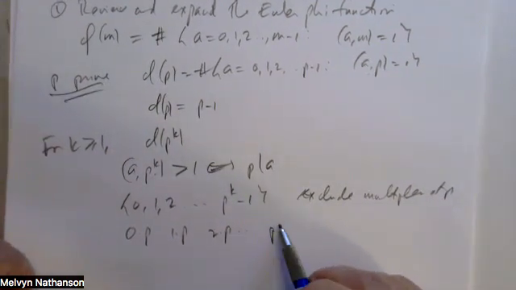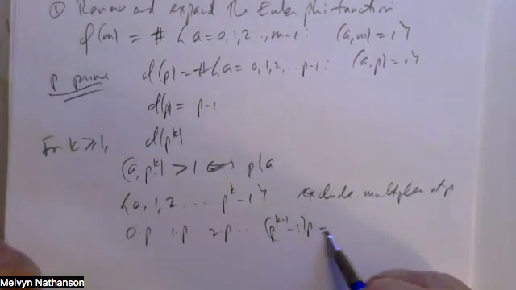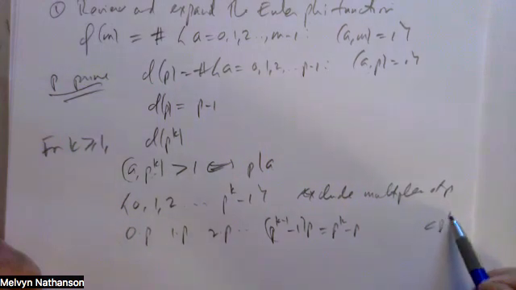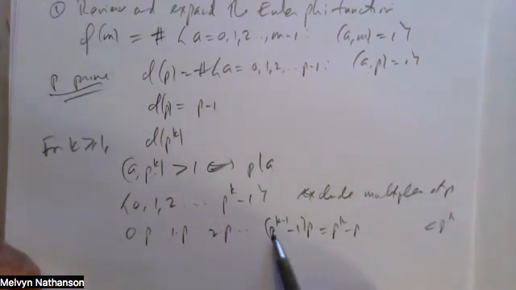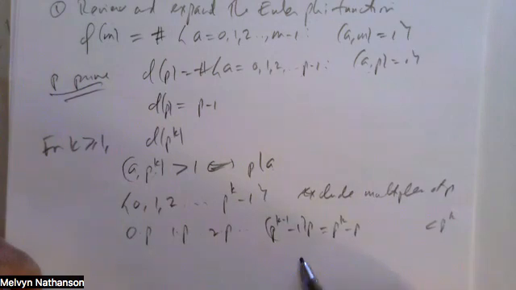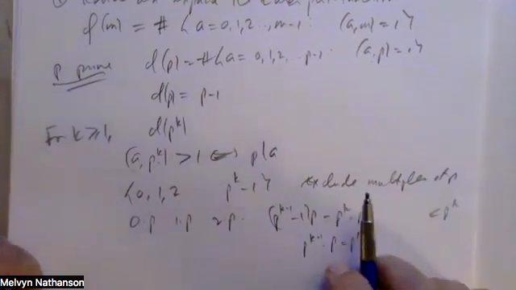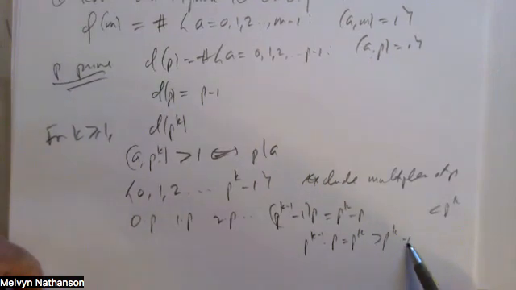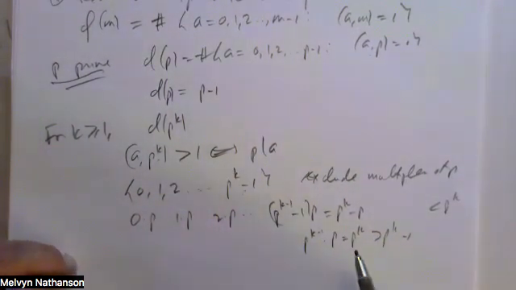You can get p to the k minus 1 times p, which is p to the k minus p. That's less than p to the k. The next larger multiple of p is p to the k, which is bigger than p to the k minus 1. So it's not in this set.